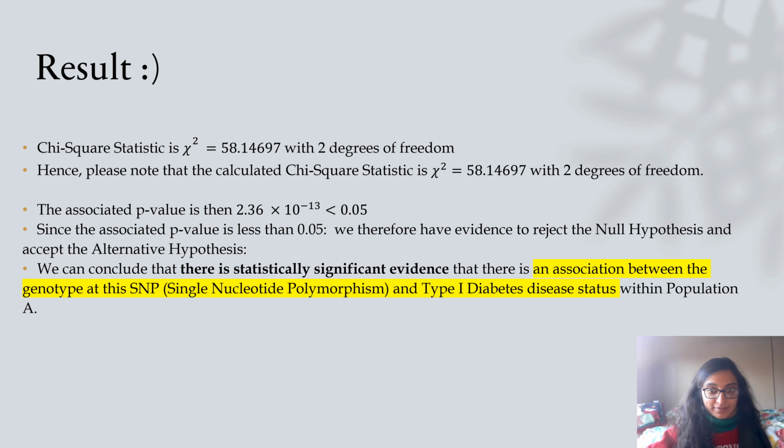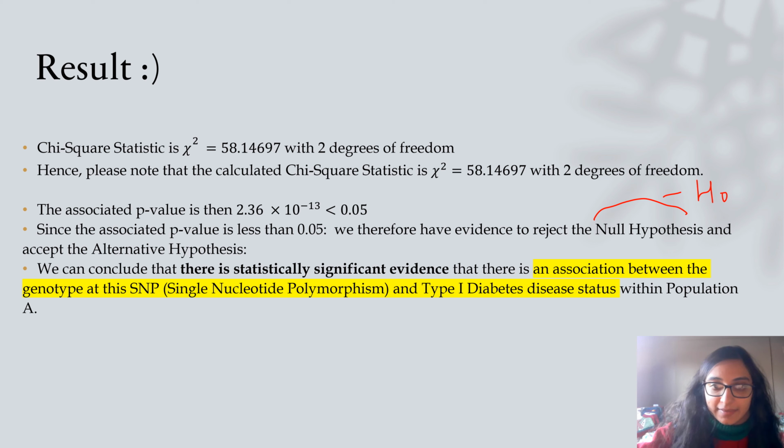So the null hypothesis, guys, again, is typically our H0, and the alternative hypothesis instead is our HA.